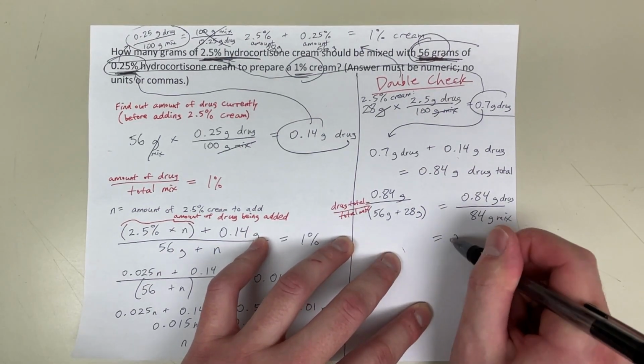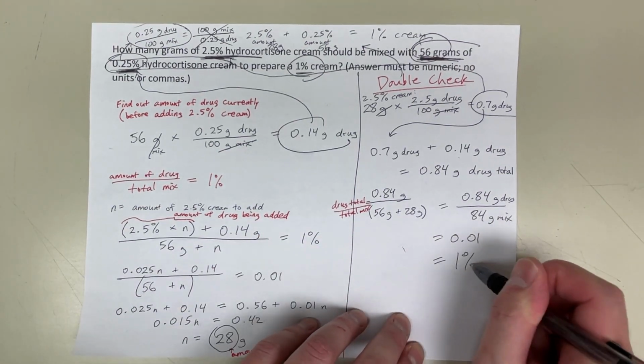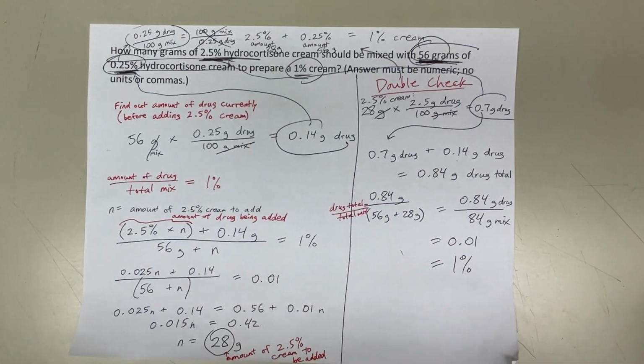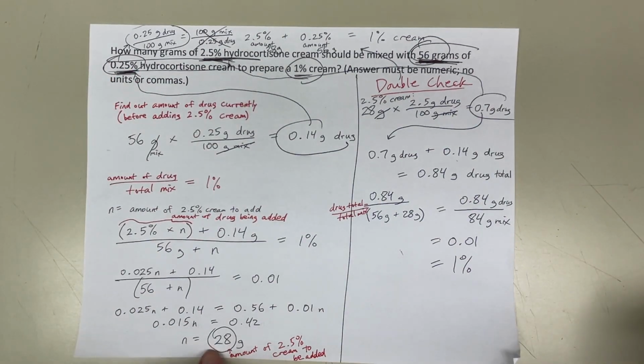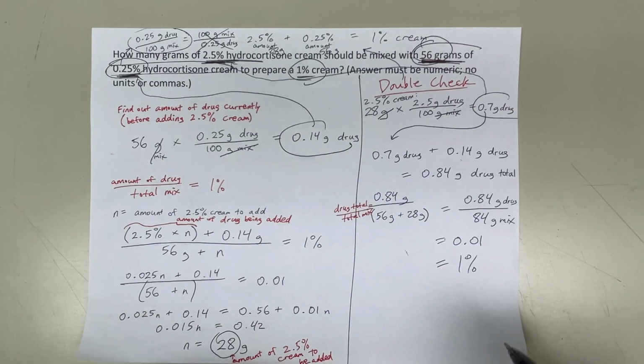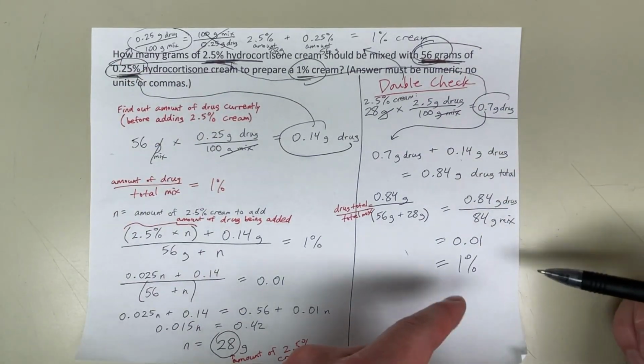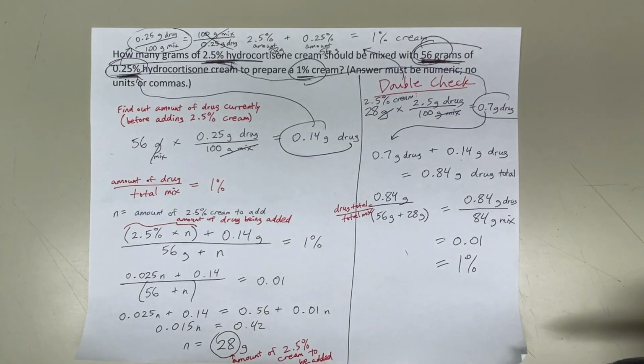And so that equals 0.01, which is the same thing as 1%. This is how I know for sure that this answer is correct: 28 grams of the 2.5% cream added. When I calculated the total amount of drug, the final concentration came out to 1%. So now I know for sure I'm right.